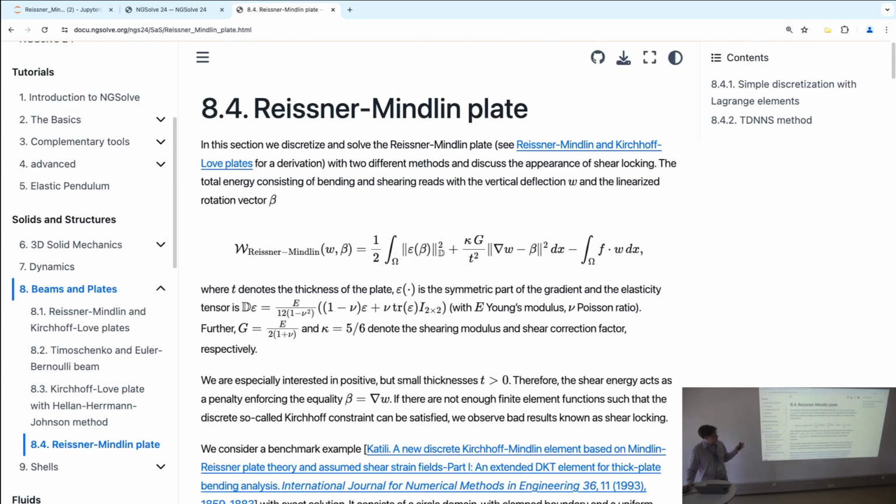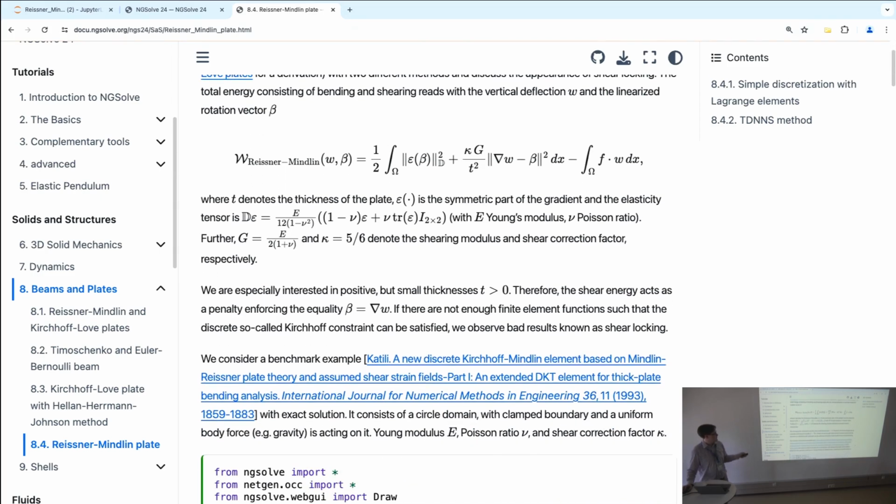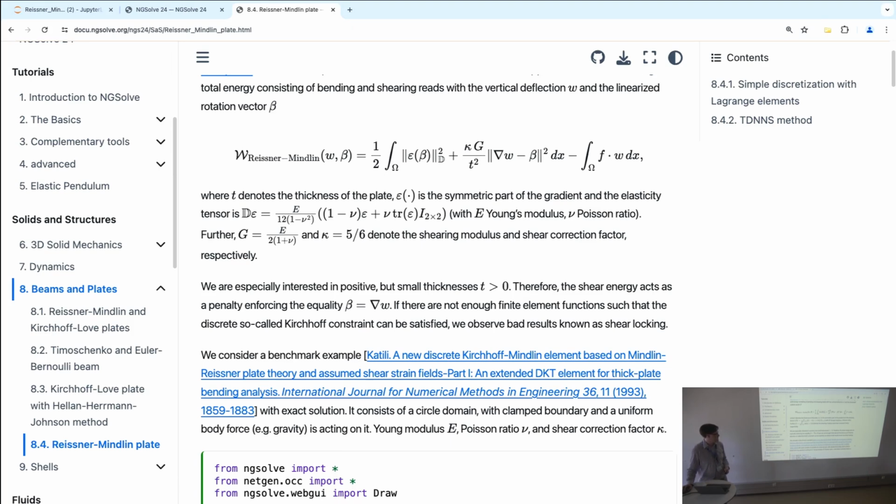Okay, and the Reissner-Mindlin plates look like this, as I said before. We have the shear and the bending energy now. And there's the problem of shear locking. So if we don't do something special, if the thickness goes to 0, then the solution won't look good.